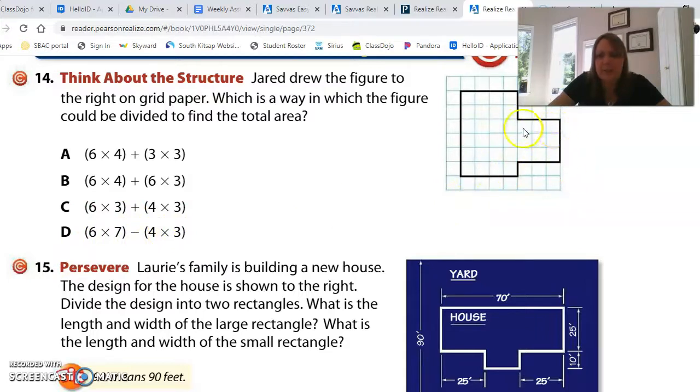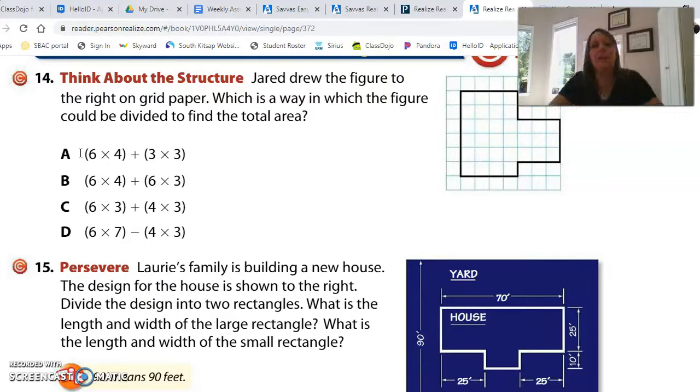Let's see here. 1, 2, 3, 4, 5, 6, 7. So that would be going 6 times 7 all the way across minus 4 times 3, which I don't even see in here anywhere. I don't think that could work. I think the answer is A.